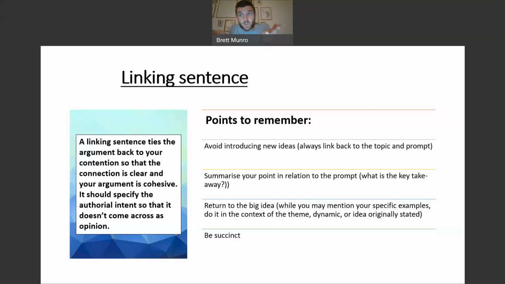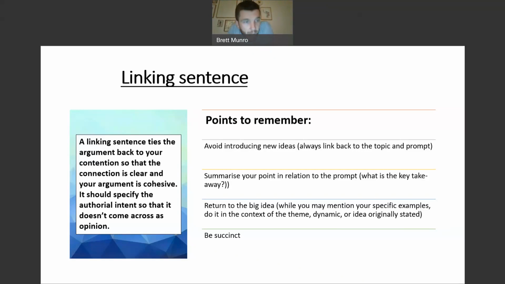But I would suggest that you do it twice because it's showing how multiple pieces of evidence intersect with each other. Again, that's going to help you to be more sophisticated, help you get higher marks, and show the interaction between the two. We then move into our linking sentence, linking the contention back to the topic sentence.